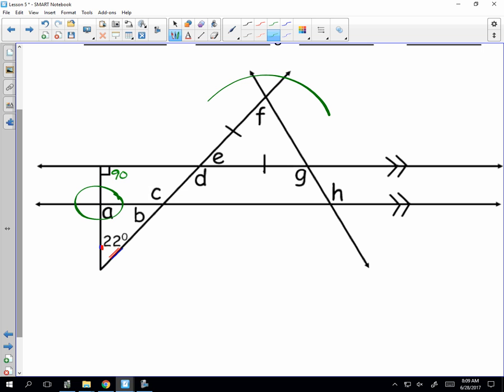We're also given an isosceles triangle based on the 2 tick marks here. So if we're given isosceles triangles, we know that the base angles are equal to each other. So there's a lot of information given in this, and we want to put all the information in first. What do we know? What can we work with before we start moving on from there?